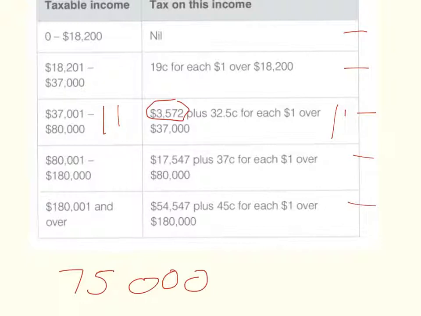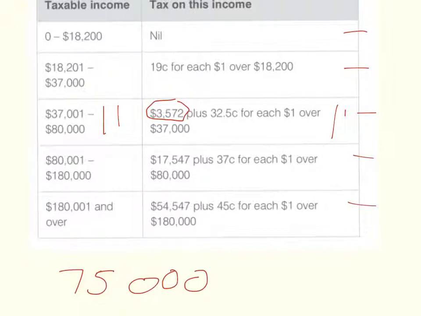So obviously I have to calculate how much I've earned above 37,000. I can do that pretty easily. I just go 75,000 minus 37,000, and I times that by 0.325. That's 32.5 cents.